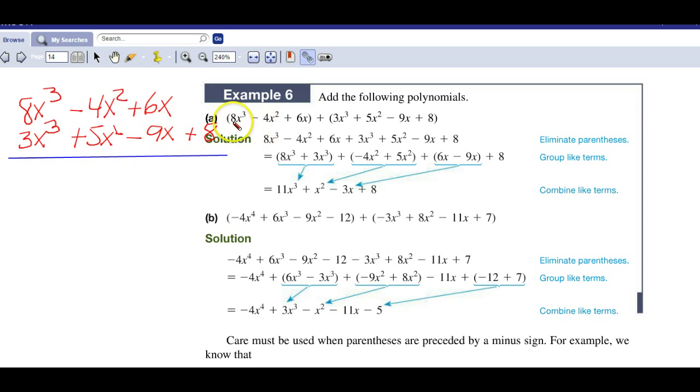So I just take the 8, put it there, this there, this there. And then from here, I'm putting these under the like term columns. So now when I add this up, and here I'm careful of my signs.